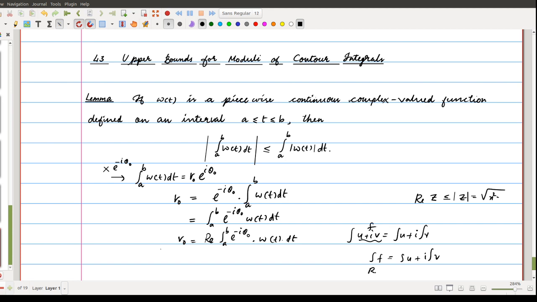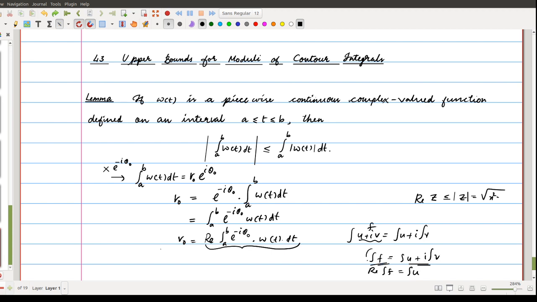What is the meaning of this? The real part of the integral of f is equal to the integral of u. If this is a complex number, then the right side is also a complex number. So first we observe what this quantity is, then we try to obtain the upper bound for that. First of all, we write the real part of an integral. If f is equal to u plus iv, then the integral of f is equal to the integral of u plus i times the integral of v.